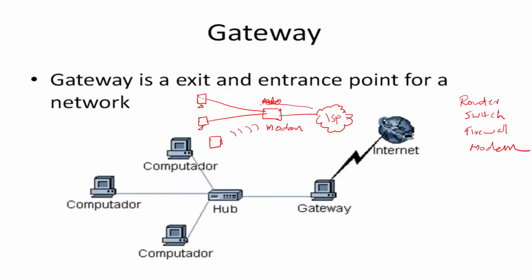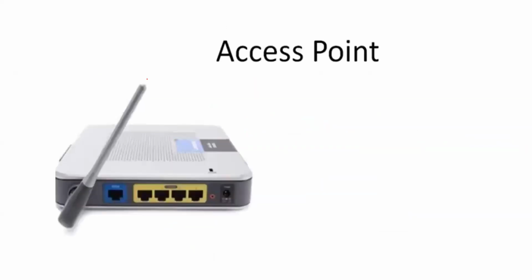See, data is coming through this modem and it is going out also through this modem. So it's a gateway. It can be anything. It can be a router or firewall. It can be an access point. So this is the gateway, and the last slide is access point.